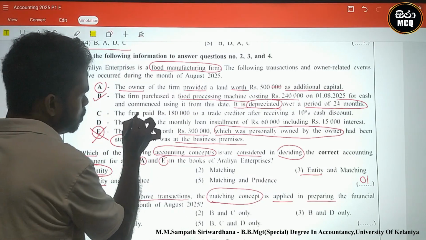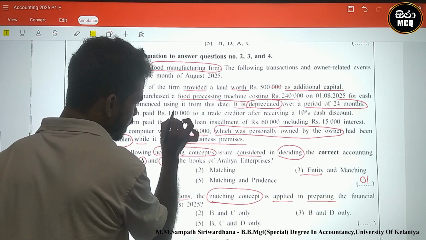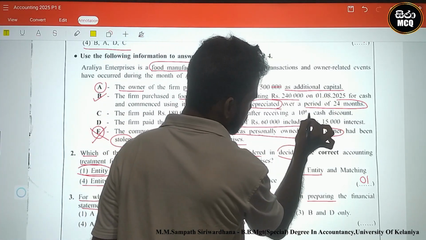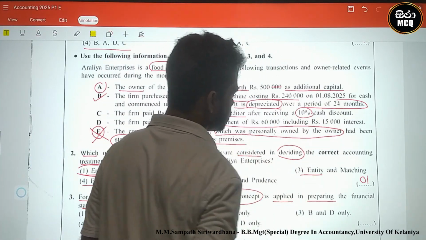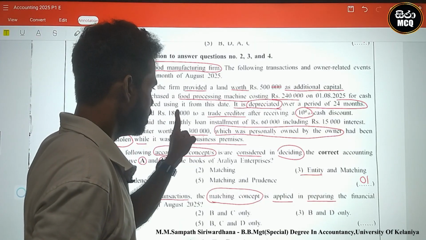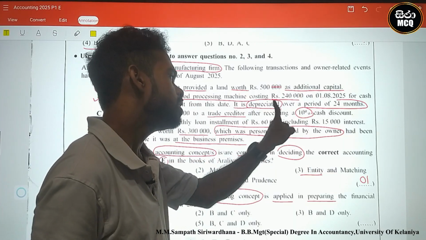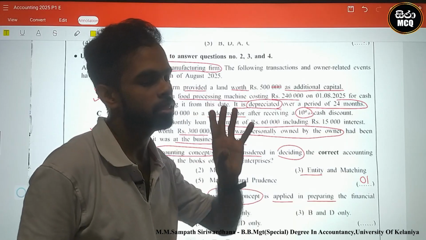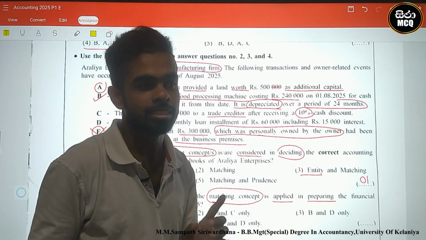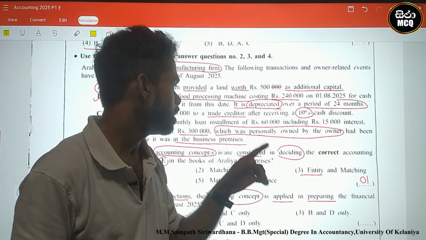Look here, the firm paid 180,000 to a trade creditor after receiving a 10% cash discount. The discount is a cash discount. Is this discount allowed or discount received?